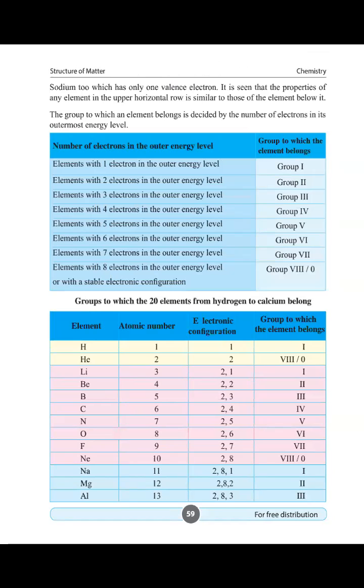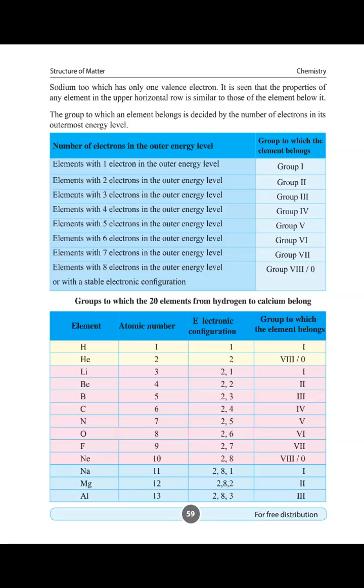If the last energy level has 1 electron, that is group 1. If 2, group 2. 3 electrons, group 3. 4 electrons, group 4. 5 electrons, group 5. 6 electrons, group 6. 7 electrons, group 7. 8 electrons, group 8 or 0.